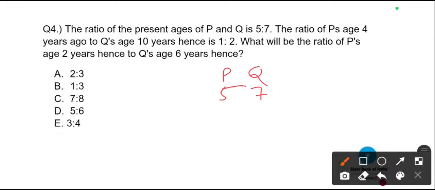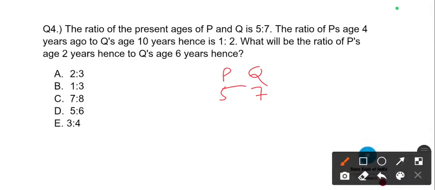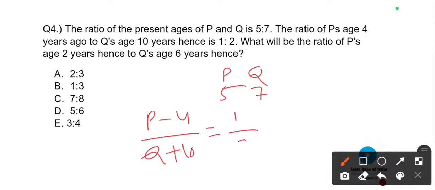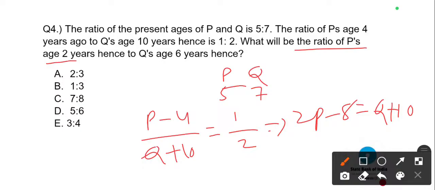If the ratio of P's age 4 years ago and Q's age 10 years hence is 1 is to 2, from this we can write 2P minus 8 equals Q plus 10. Okay, what will be the ratio of P 2 years hence and Q 6 years hence?